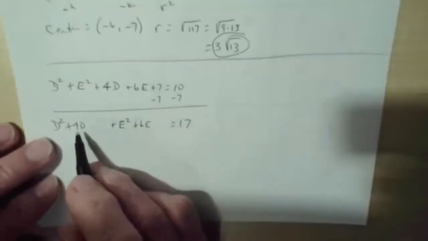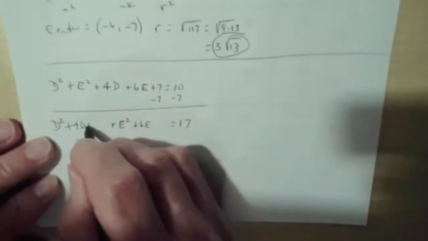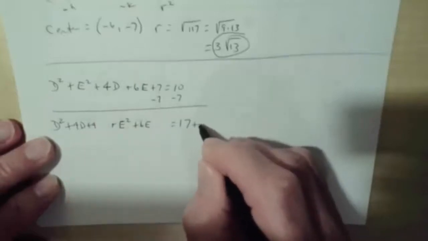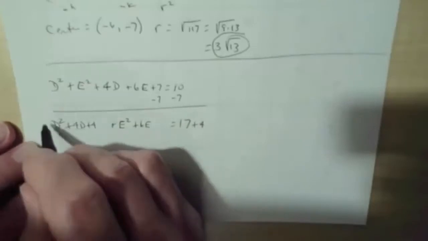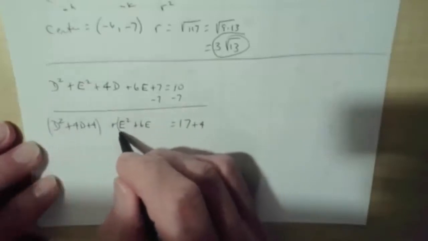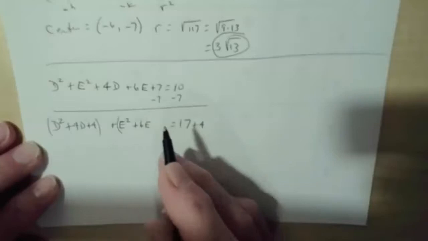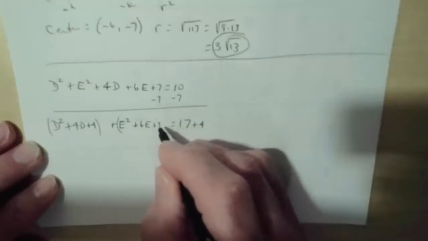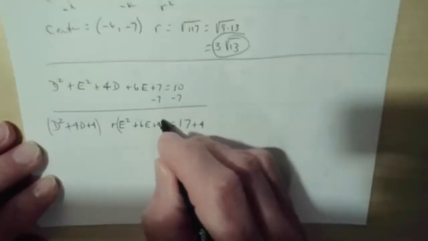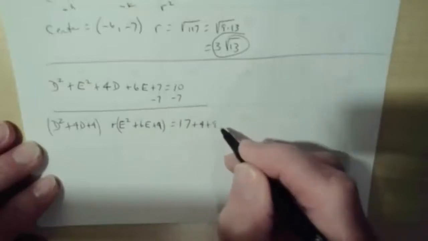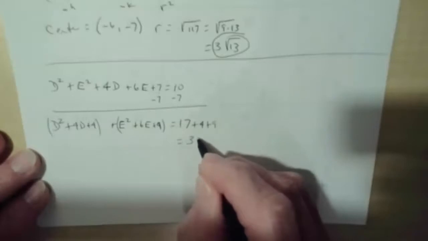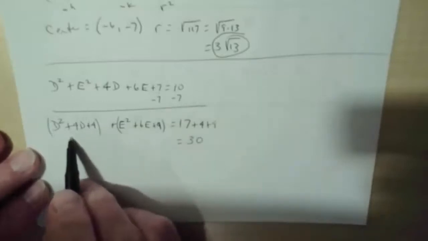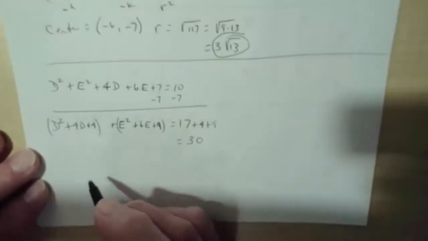Half of 4 is 2. 2 squared is 4, so we added 4 there, add 4 over here. And half of 6 is 3. 3 squared is 9, plus 9. That equals 30, I think. These are perfect squares because we made them such.